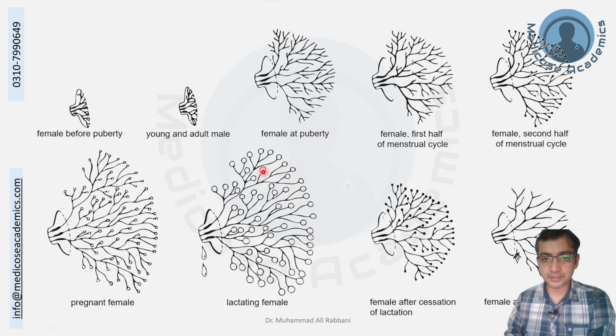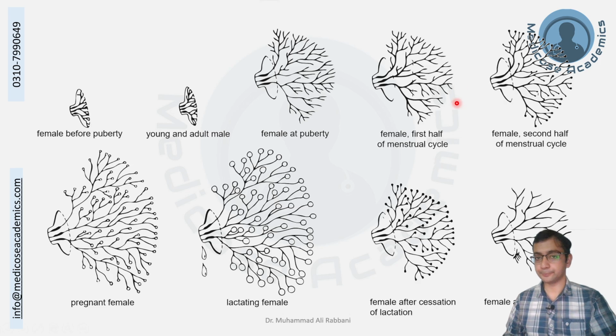This remains as long as the female is lactating, and when the child grows up and is weaned off, the breast tissue regresses in size, and it may go again to this size when she is pregnant next time or lactating another time.